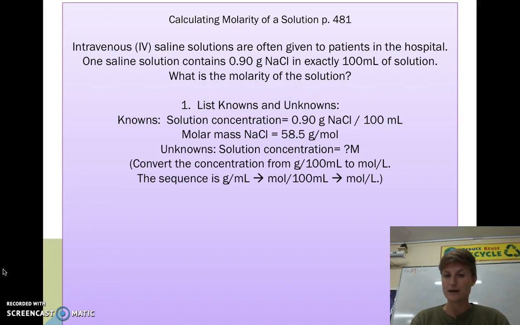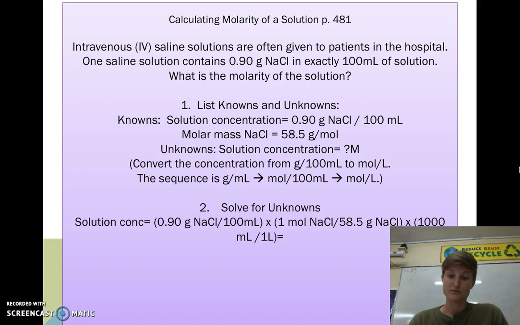There's a tip at the bottom. It tells us to convert the concentration from grams per 100 milliliters to moles per liter through the sequence below. So you've got grams per milliliters to moles per milliliters to moles per liter. And then you solve for your unknowns, which you have your formula for.